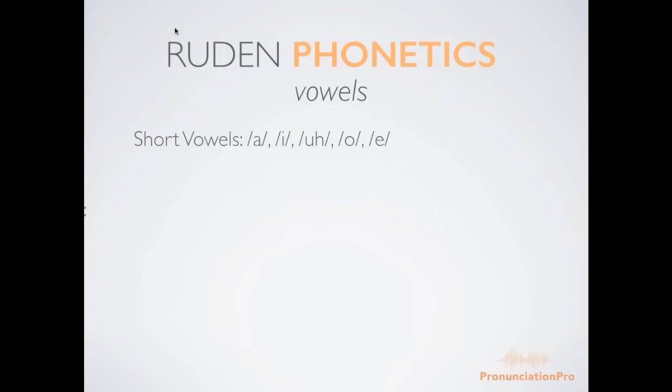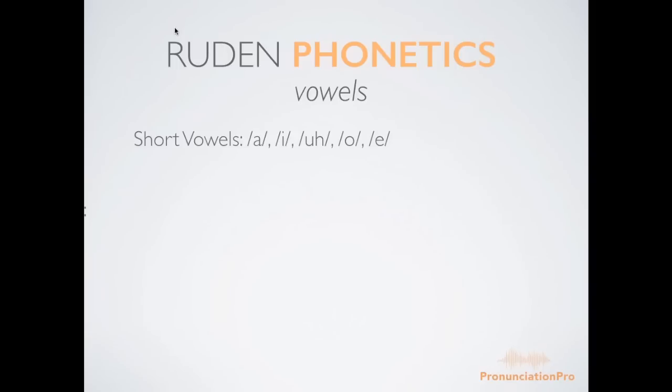I'm going to go through those again. The short vowel sounds tend to be the hardest to hear the difference between. If you're having a hard time hearing the difference between all of these and actually being able to say the difference, you're not alone. This is a tough one.